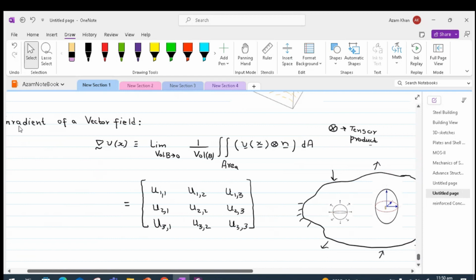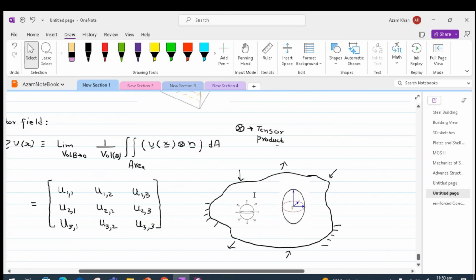So the gradient of a vector field is telling us how this particular sphere having a bunch of vectors will change as we move from one step to another step. So this bunch of vectors might be changed into an ellipsoid of vectors. I've shown just a few vectors over here, but this ellipsoid is also full of all the vectors which were over here.